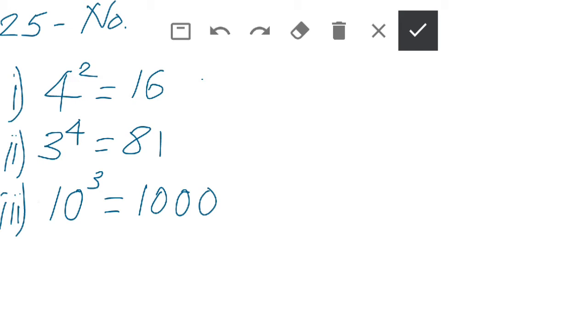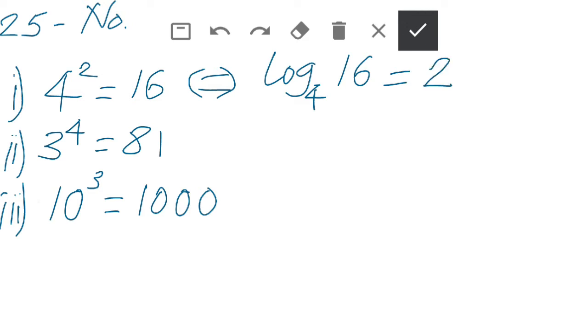Now, you may have written the following. For the first one, log to base 4 of 16 equals 2. That's the logarithmic notation of that.